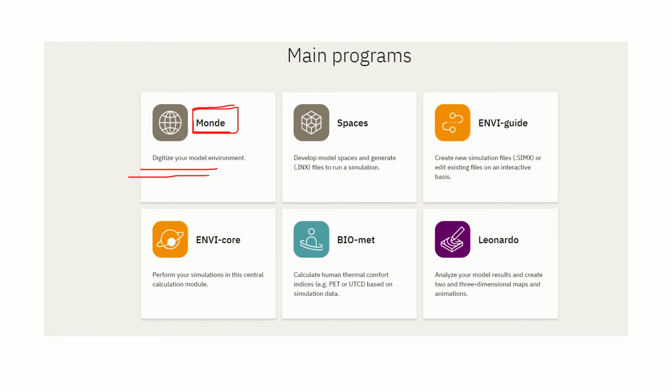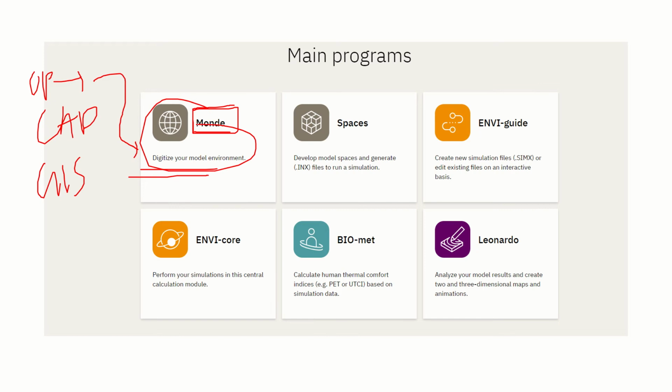This platform helps in taking the CAD file and the GIS file directly to the platform. And also, if you have open source street maps and some data already prepared and you want to take that into the tool, this Mode platform can be used.